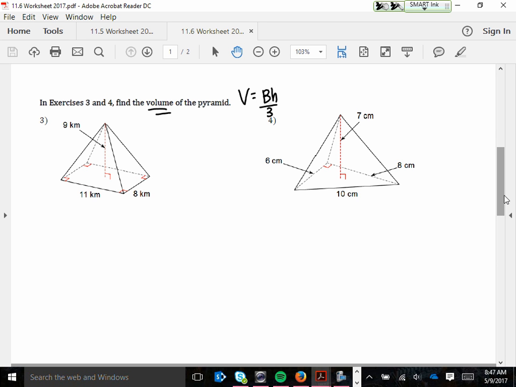Neither of those will require Pythagorean theorem. The height's there, like this height is 9. This height is 7. Okay, let's look at maybe number 2 together.